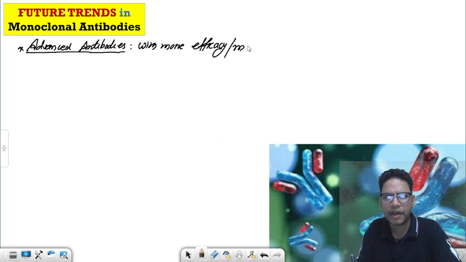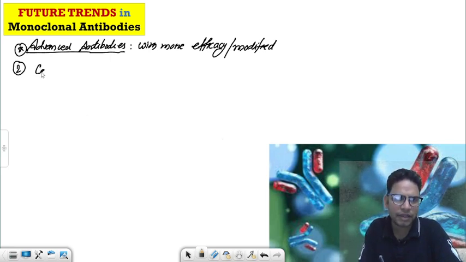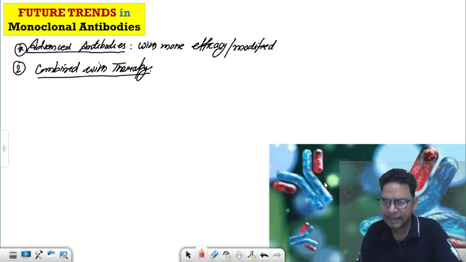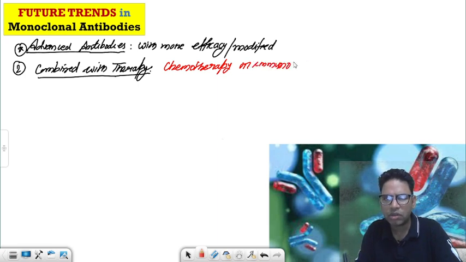They are also modified. Monoclonal antibody therapy can be combined with other therapies. For example, if one has cancer, it can be combined with chemotherapy. It can also be combined with some kind of immunotherapy.